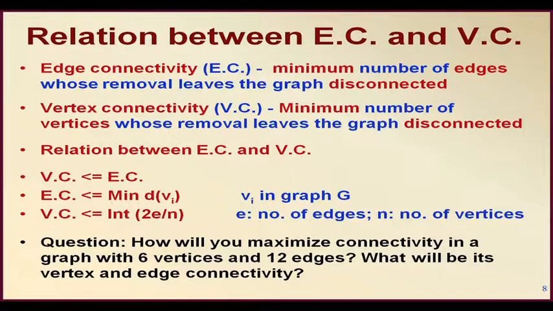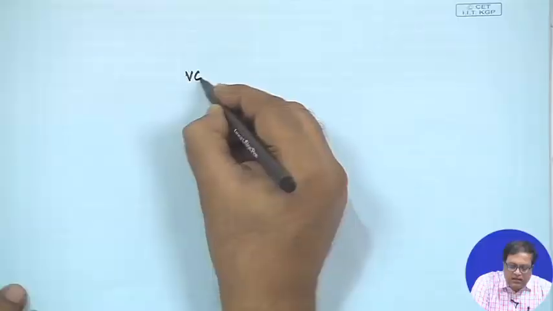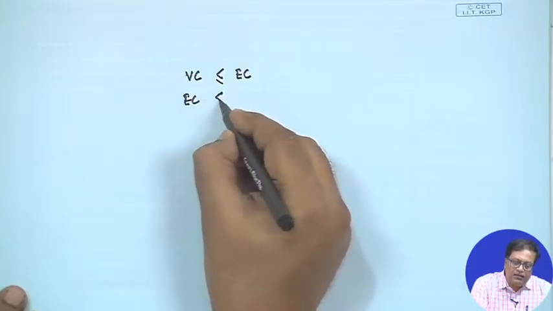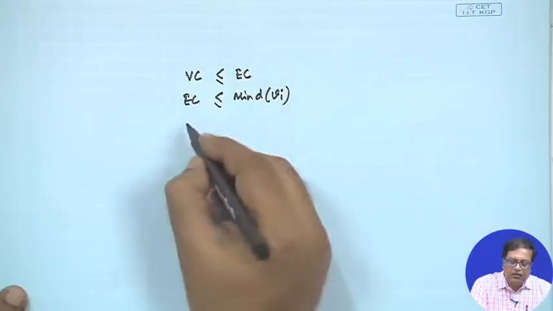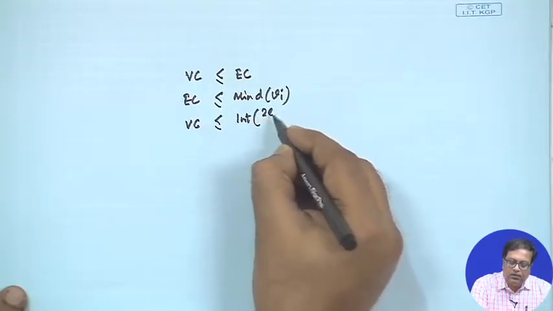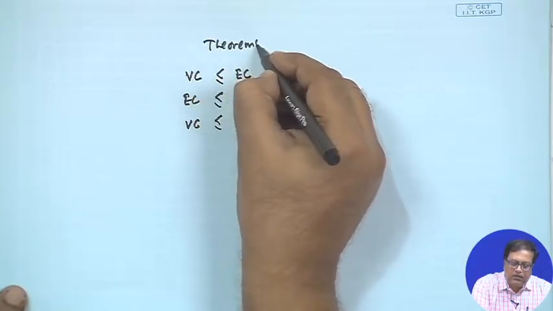Every edge contributes to the degree of 2 vertices. So, the total degree in the graph is 2e, and if there are n vertices, then taking 2e by n as an integer, we get that the vertex connectivity should be less than or equal to it. So, these are the relations we have: VC is at most EC, EC is at most the minimum degree in a graph, and finally VC is at most the integer part of 2e by n. So, these 3 theorems are there.